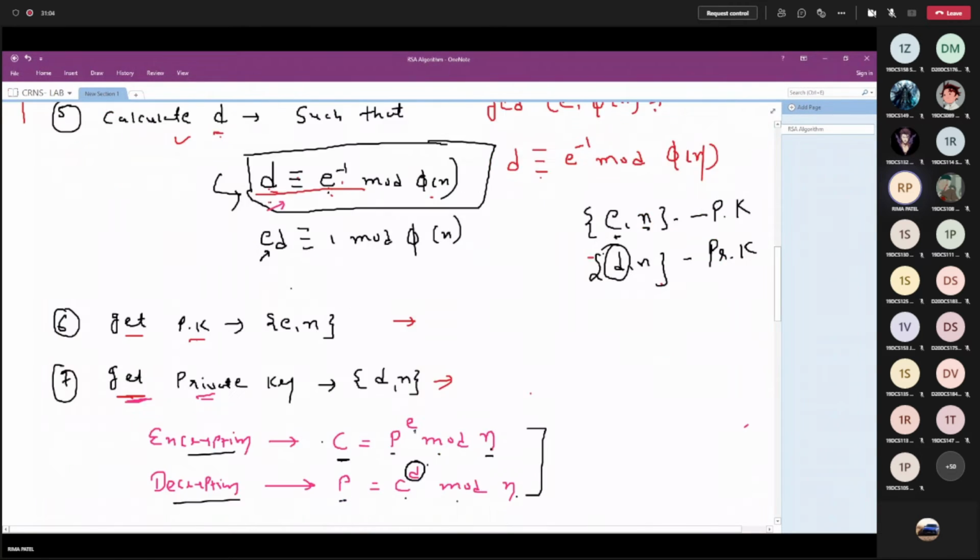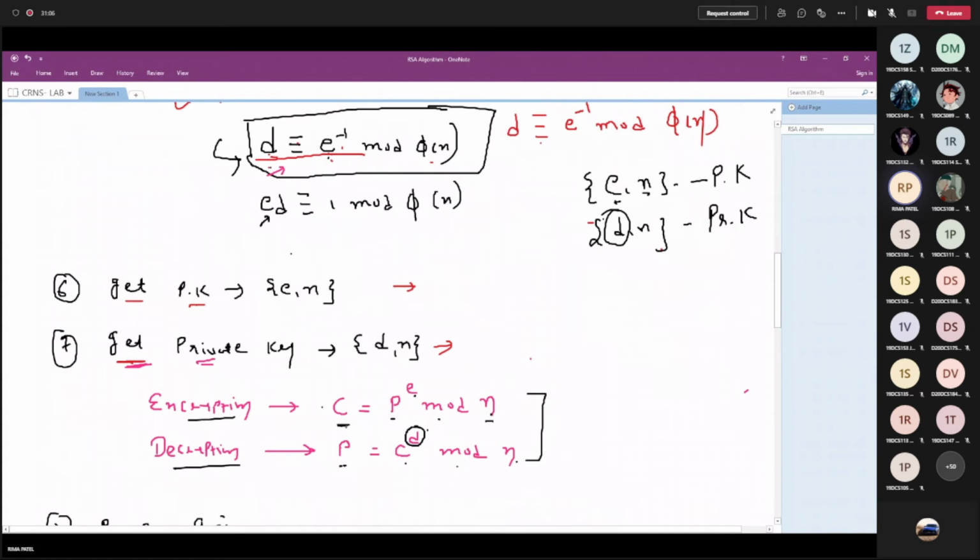Okay. So these two are the equations. Ciphertext C equal to plaintext raised to E mod N. Now you can see E and N have been used. Yes or no? So the public key is used to generate the ciphertext.